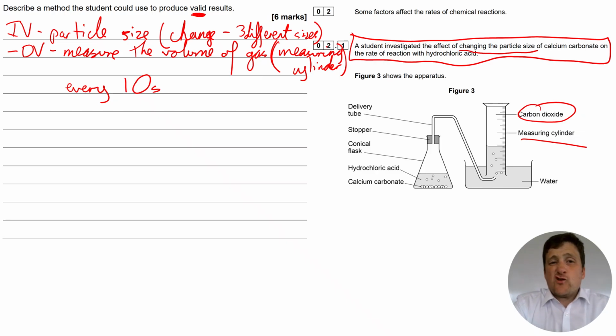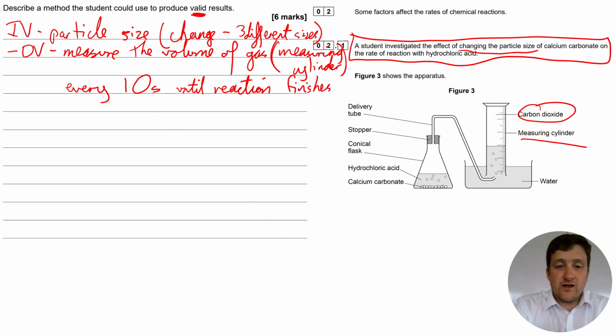Rather, you could say for a set time or set time intervals or anything like that. Every 10 seconds is acceptable until the reaction finishes. Okay, but how do I measure time? I'm going to say I'm using a stopwatch too, just in case they need to know that.